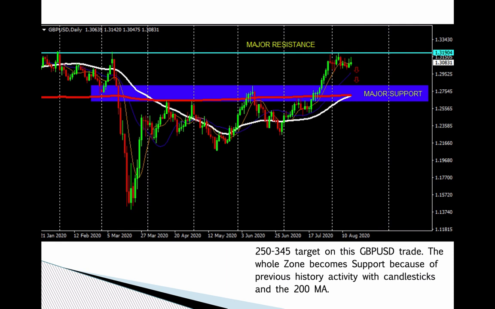So there's something in this zone or this area that's critical and important. So the whole zone would be a target. So we're looking at a 250 to 345 pip target, particularly on this pound dollar trade. So you want to be able to bring price into that area. Once it gets in that area, start looking to take profit or look for any major reverse opportunities there.